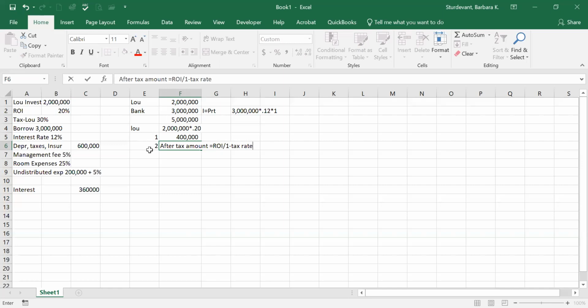That'll give us the pre-tax amount that we have to build into our costs.